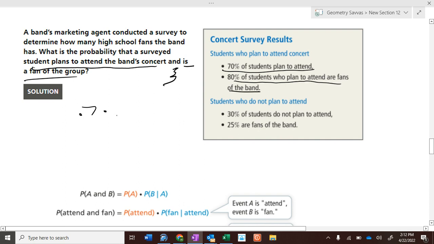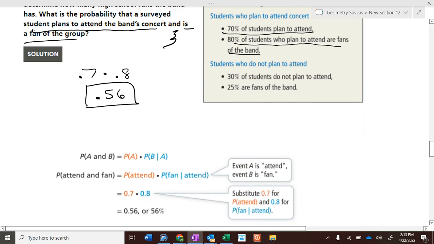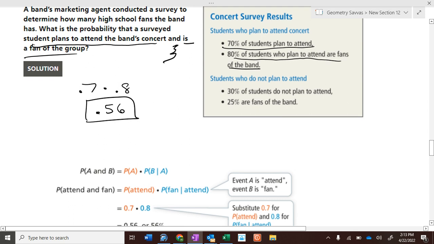So then that's times 0.8. Because if you plan to attend and you're a fan, that's 0.7 times 0.8, which is 0.56. So 56% of the students that plan to attend the concert are fans of the group.